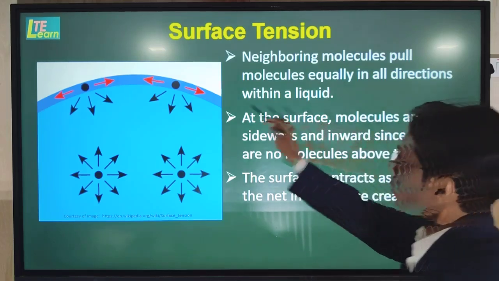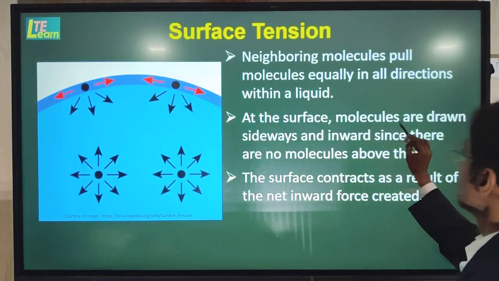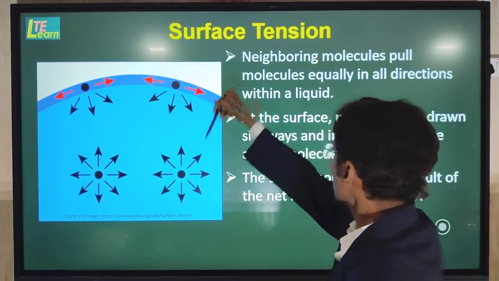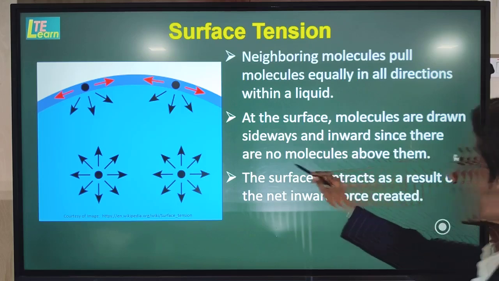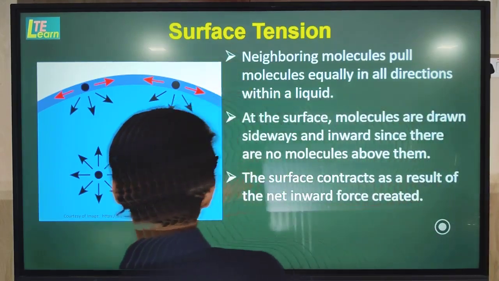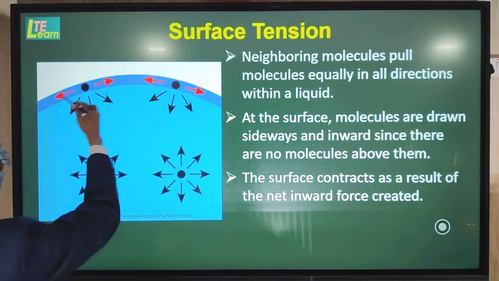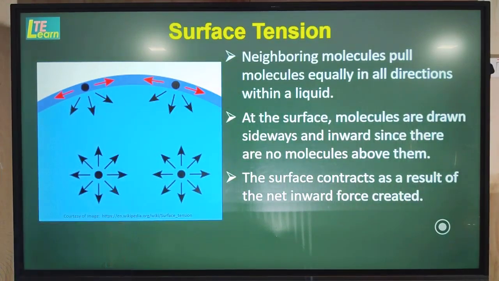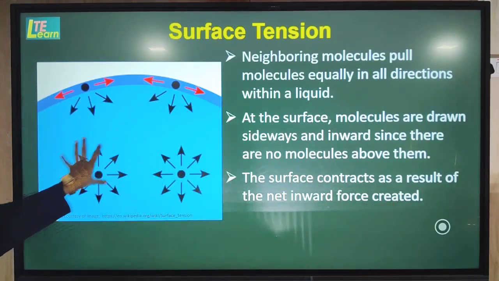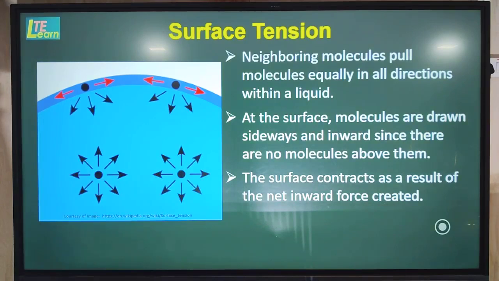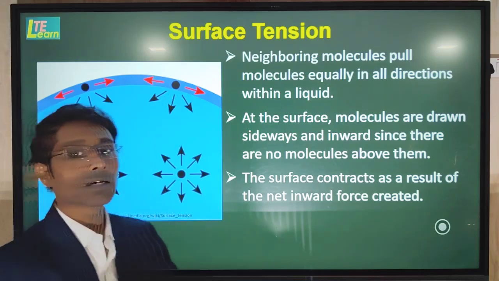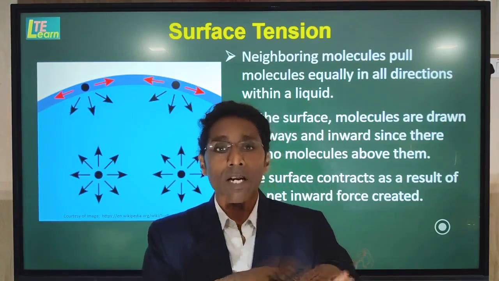At the surface, molecules are drawn sideways and inward since there are no molecules above them. So the top surface gets contracted as a result of the net inward force created by these molecules. Because of this, the top surface acts as an elastic membrane or stretched sheet.